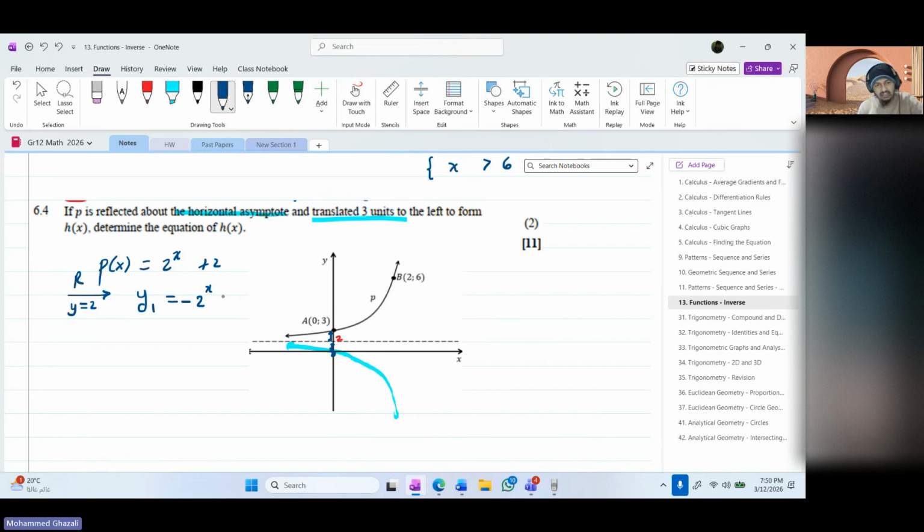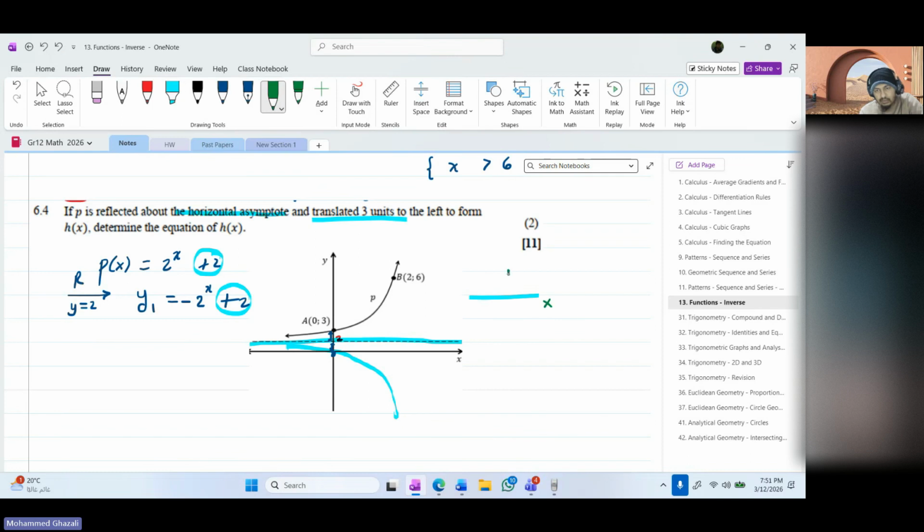The asymptote doesn't change, so the asymptote will remain fixed, okay? So it's just negative 2 to the power x plus 2. See, the asymptote can't change because you're reflecting it. It's the asymptote of both the graphs. So y becomes negative, the y value becomes negative. It's like reflecting on the x-axis.